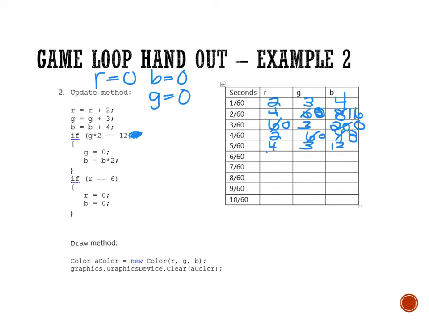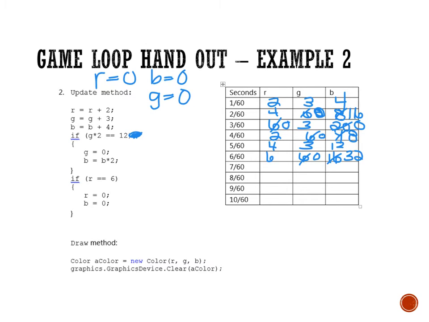Okay, loop back up, I have 6, 6, and 16. Well, now I see that first conditional is in fact true, so G times 2 is equal to 12. So I'm going to rewrite G to be 0, B to be 32.